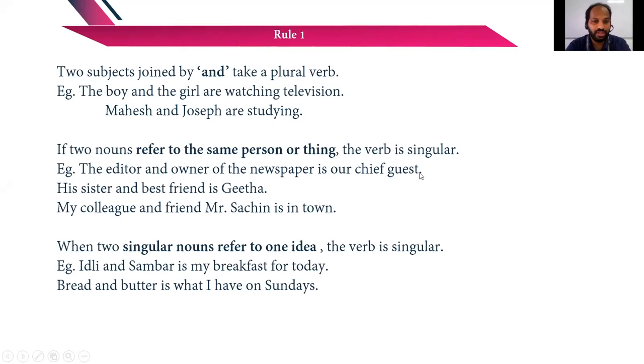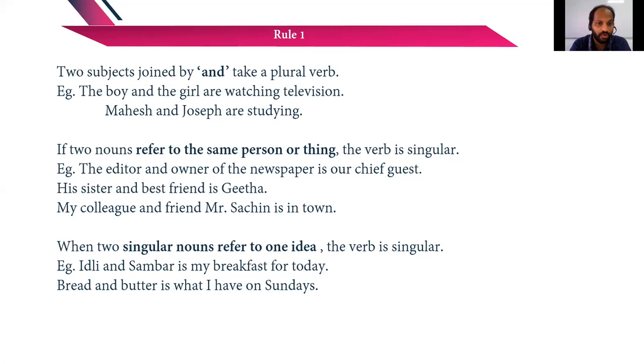Okay, when we are going into details, the first one: when two subjects are joined by and, it takes a plural verb. Normally when we join any two subjects by and, it takes a plural verb. For example, the boy and the girl are watching television.